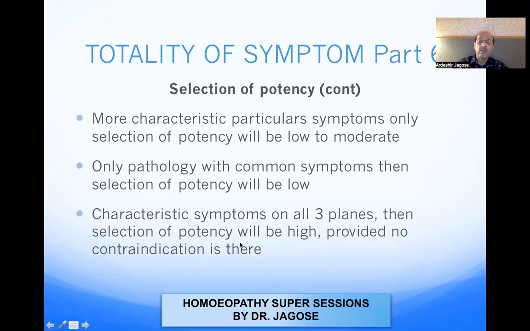Now, with reference to provided no contraindication is there, it means that special attention should be given to skin cases. When in a skin case you worked out the susceptibility, it is high. So therefore I said, if the susceptibility is high, you give a high potency. But remember, in skin cases, if you give a high potency right at the beginning, there's a fear of aggravation, or an unnecessary aggravation may be precipitated.